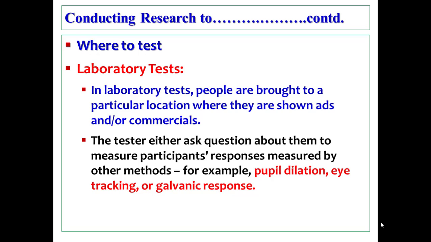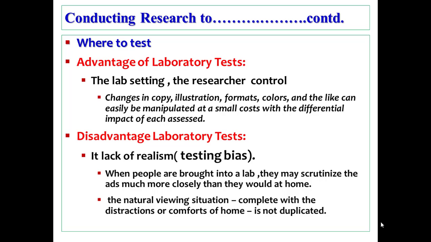For example, we can test the customer's responses by pupil dilation, eye tracking, galvanic response, and others, creating an artificial environment which seems like the normal environment. Then we can specifically measure what we want to measure from the respondents.